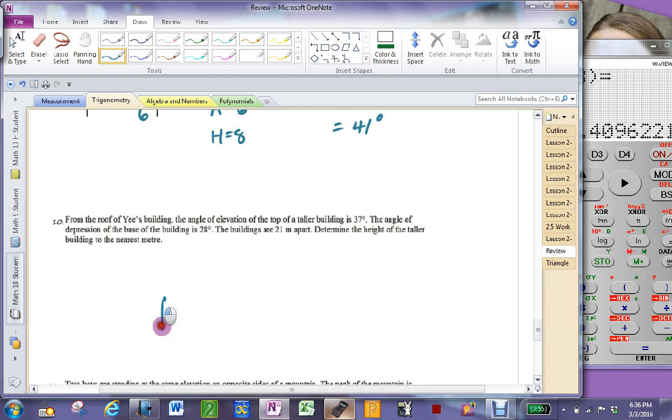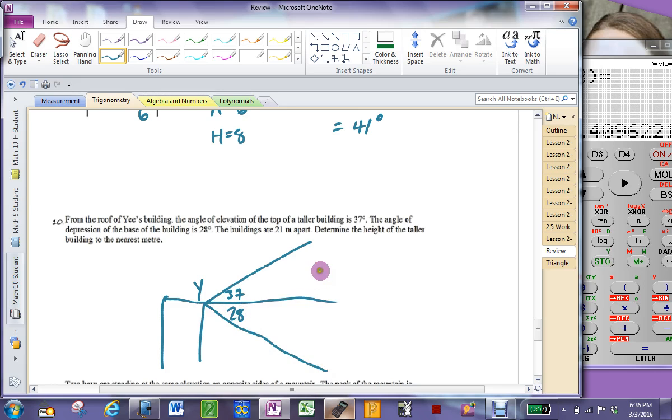From the roof of Yee's building, here's Yee, the angle of elevation to the top of a taller building is 37. The angle of depression to the base of the building is 28. The buildings are 21 meters apart. Determine the height of the taller building. So I need x and y for the whole height, don't I?